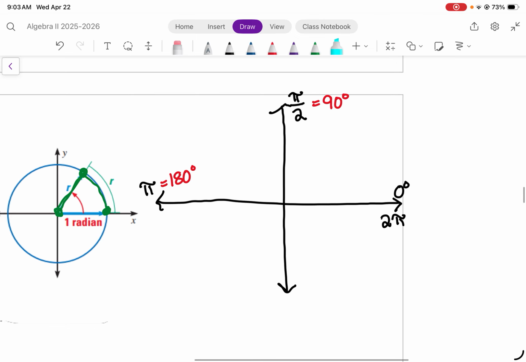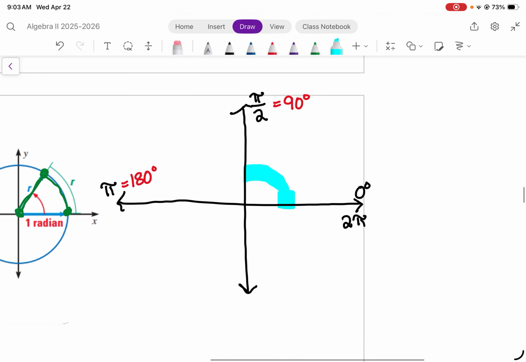So with this one, we went from here to here, and that was pi over 2, or 1 pi over 2. And then when we went another 90 degrees, that's the same thing as saying 2 pi over 2, which just simplifies to pi. Then if we go another 90 degrees, so if we're counting, we had 1 pi over 2, 2 pi over 2, now we would have 3 pi over 2.